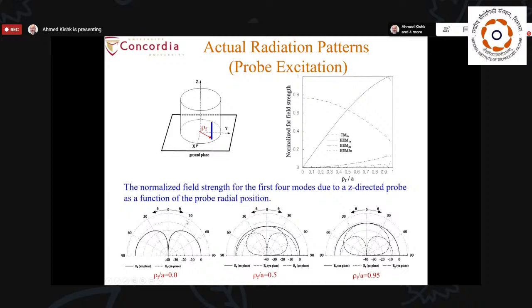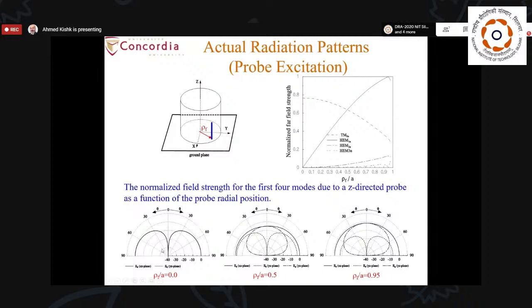So the radiation pattern for the resonator, when my excitation is at the center, is like a monopole radiation pattern. When I am halfway between the center and the edge, you can see that the radiation pattern is in the broadside direction, but I have another contribution here, which is the cross polarization.